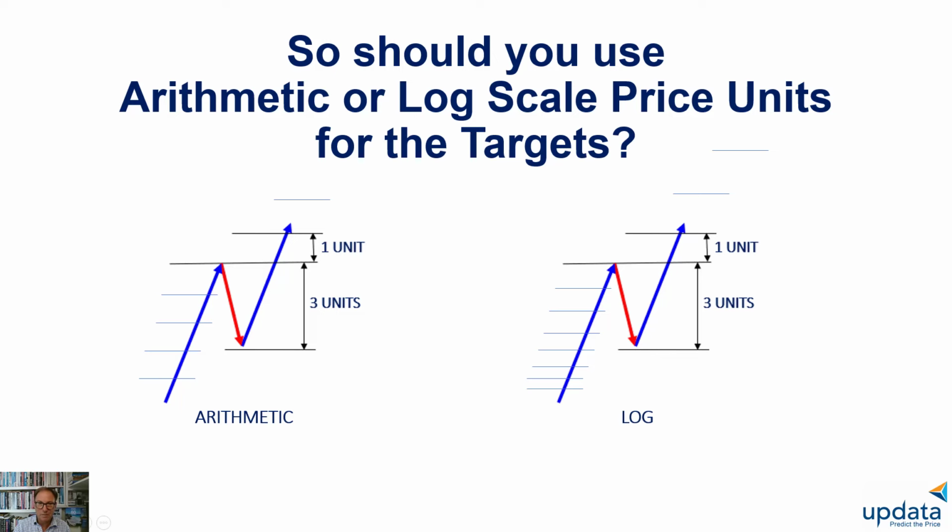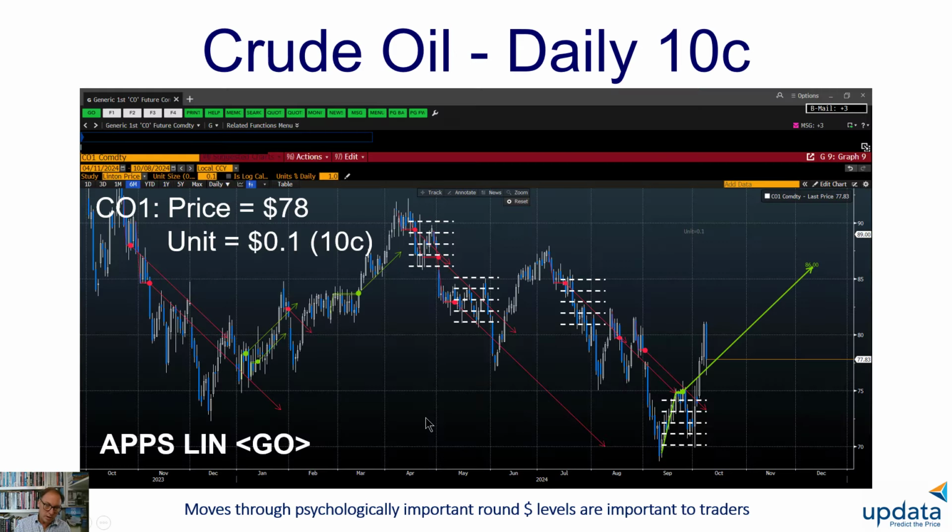Which should you use? If you're trading one instrument, or you're very focused on one market, let's say you're an oil trader, crude oil, then these round levels become really important in terms of price. So this is crude when it's at $78, and here I've marked on the key levels that the unit size is going to use. So every 10 cents between these levels is going to be really, really key.